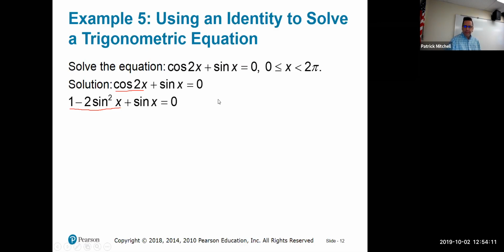So if we rewrite this, what they did here was multiply both sides of the equation by -1, so that their leading term would not have a minus in front of it. It makes it a little bit easier to factor. This would be trickier to factor if this 2 sine squared x had a negative in front of it. I wanted to get rid of that negative.